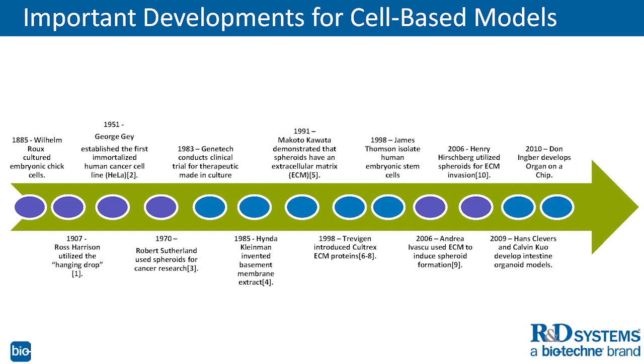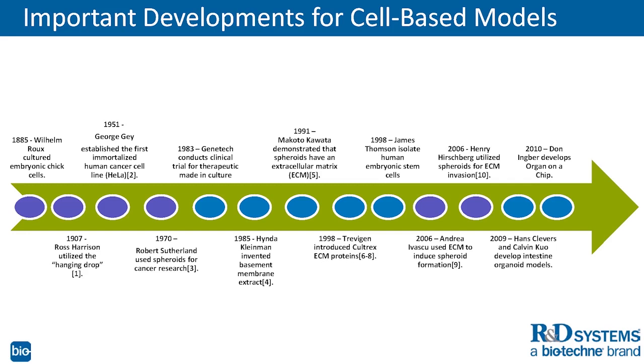Next, in 1985, Hynda Kleinman invented basement membrane extract, also known as Matrigel. This is one of the most commonly used reagents for organotypic cell models. It's extracted from the Engelbreth-Holm-Swarm tumor, which is propagated in mice. And this extract provides a full complement of soluble and insoluble factors for the tumor or tissue microenvironment.